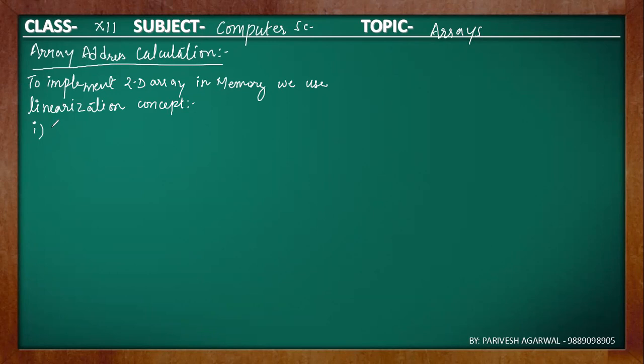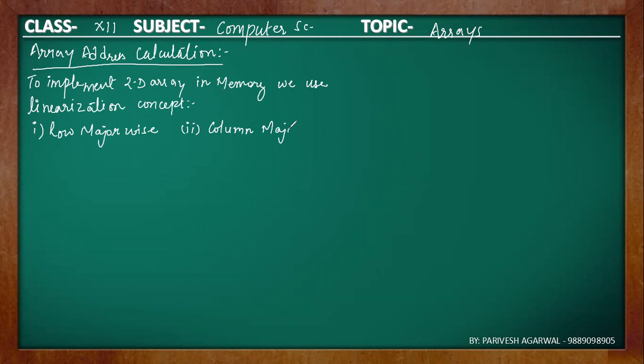The first one is termed row major wise, and the second one is termed column major wise. Now what are these? Let me explain first.